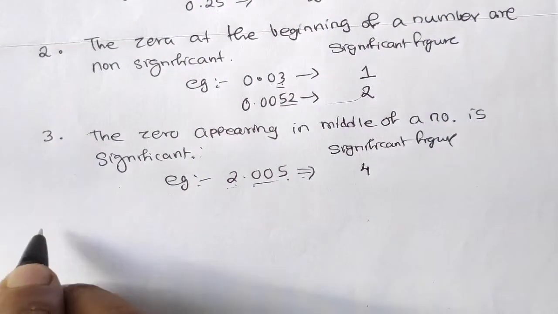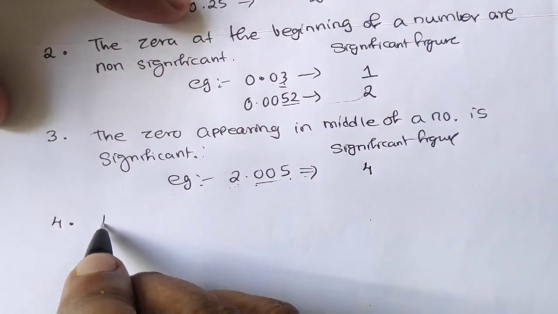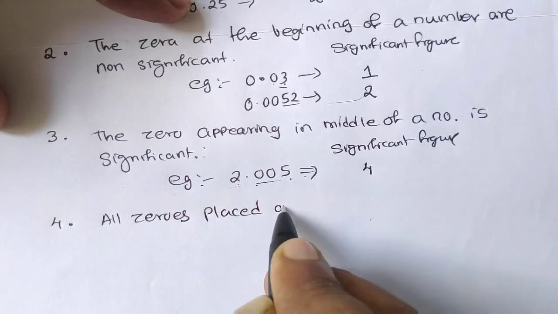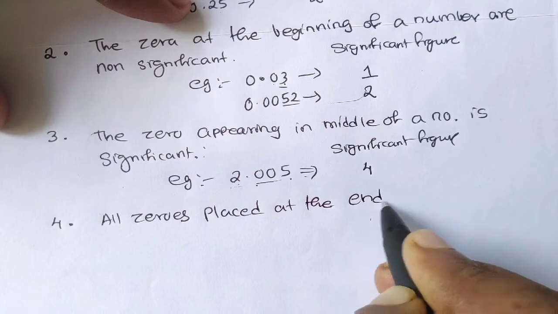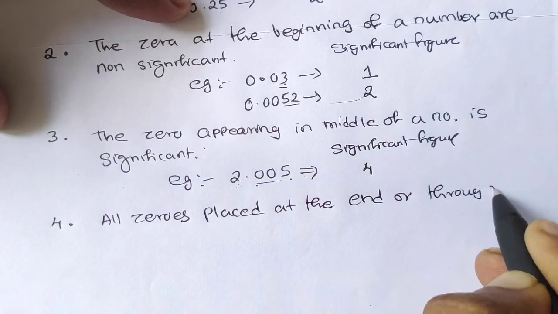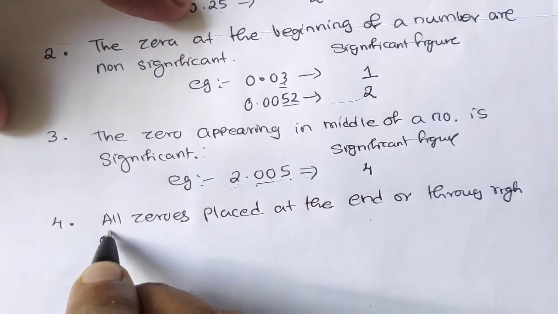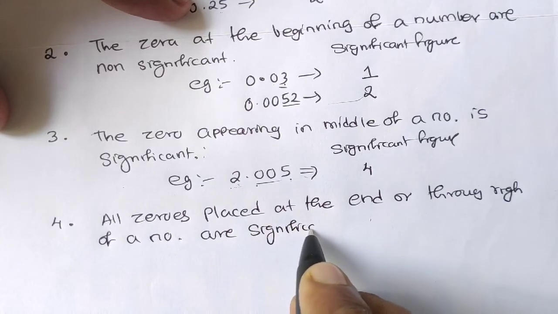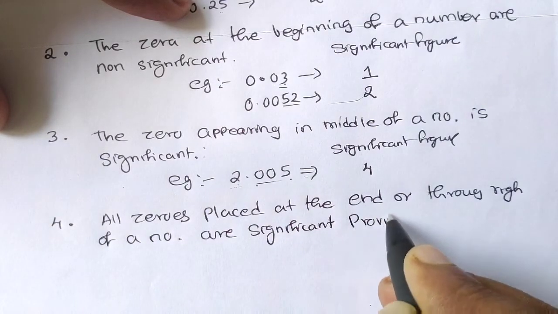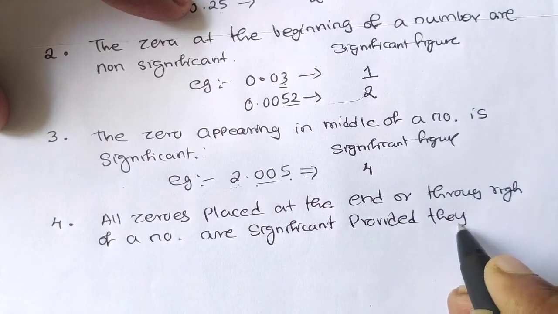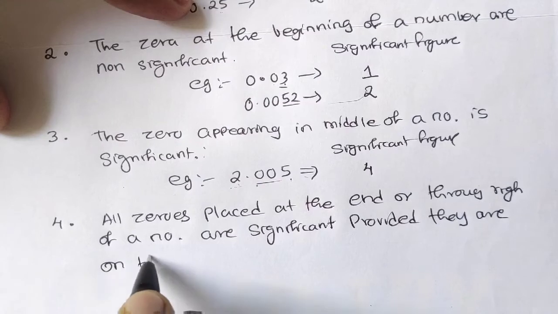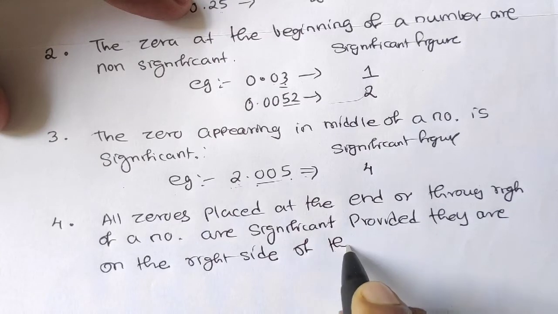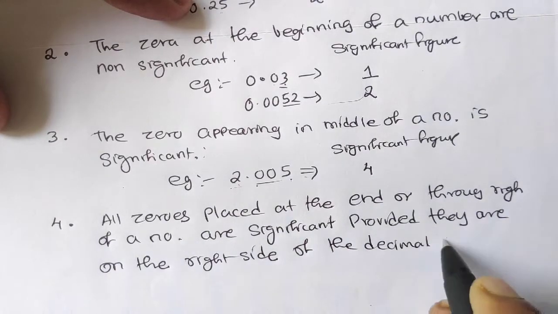Understood now? Next, rule number 4: all zeros placed at the end or right of a number are significant, provided they are on the right side of the decimal point.